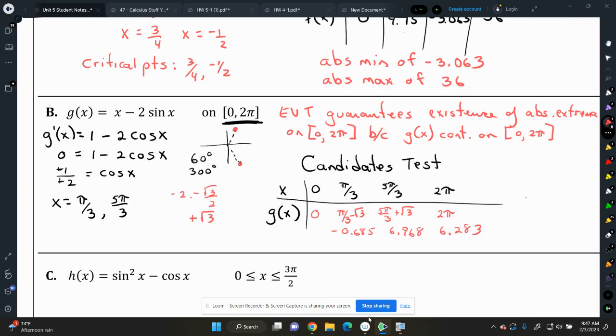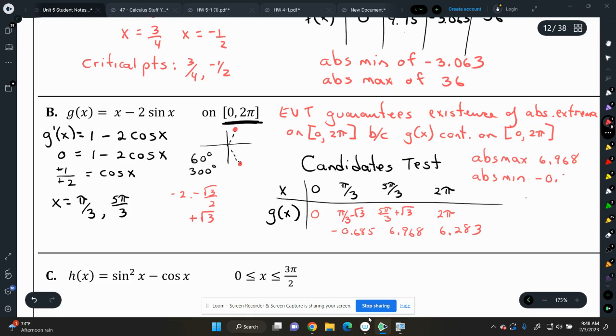So what's our absolute maximum? That's right, absolute max is 6.968, and the absolute min? Good. Negative 0.685. Put your 0 in front of that so that you don't have any mistakes with the decimal point.